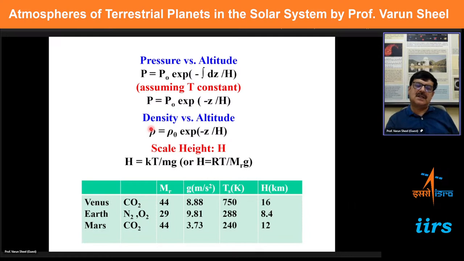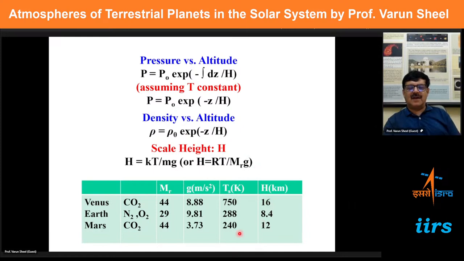The scale height is nothing but a height over which the pressure or the density decreases by 1 over e. So one e-fold decrease in pressure and density is the scale height. It is a characteristic length scale which characterizes the atmosphere.